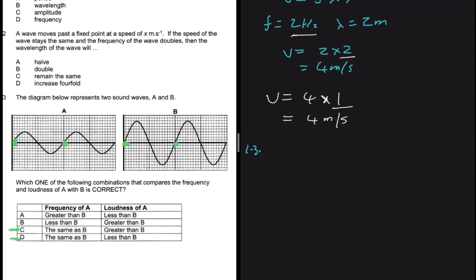Loudness is related to the amplitude. We can see that the amplitude of B is greater than that of A. So our answer for 1.3 is actually D, because the frequency of A is the same as the frequency of B, but the loudness of A is less than the loudness of B because of the amplitude. Sound wave B has a higher amplitude.